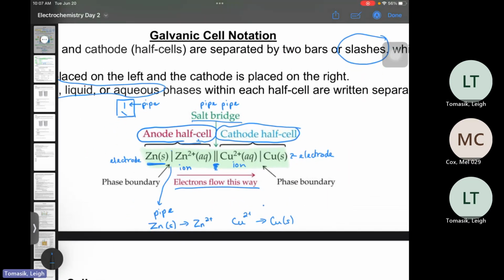Sorry, a question. When in our exam, say we forget to put an S or a Q, do we get marks taken off? If it's something that's really, really important to what you're doing, like in a galvanic cell notation, because it is really important that you write the phase here, I would take it off.